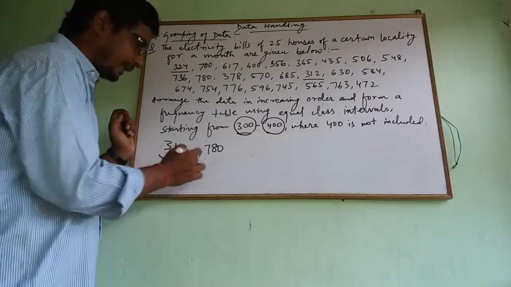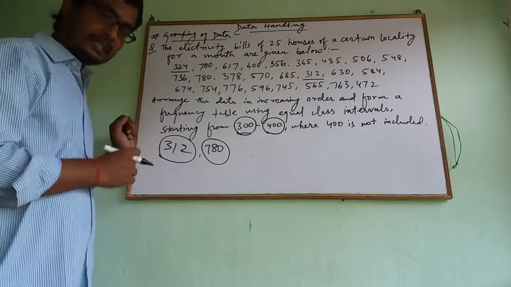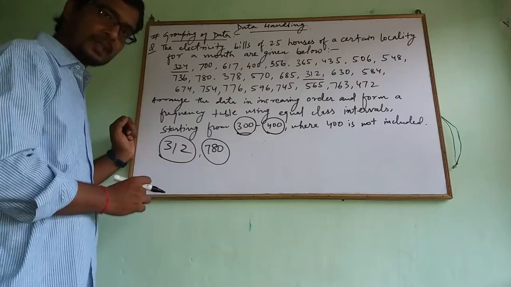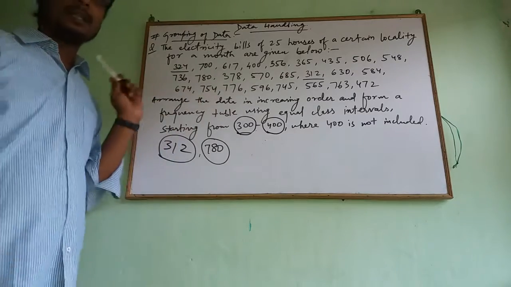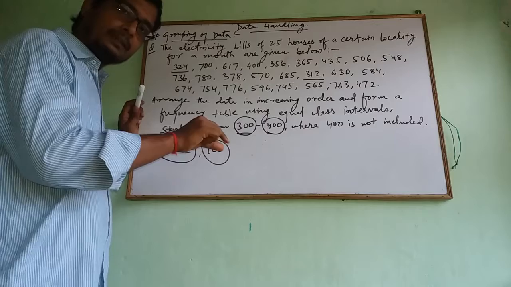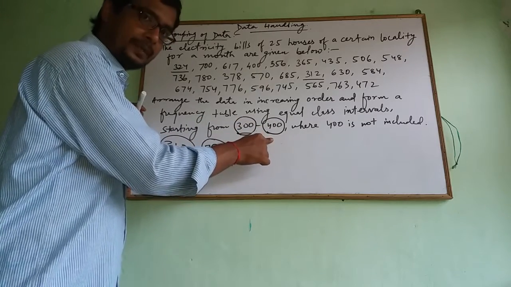So my least data is 312 and my biggest data is 780. I have to arrange this set of data into certain class intervals, in which there will be a lower limit and an upper limit.